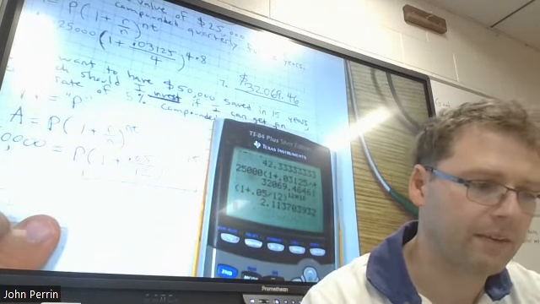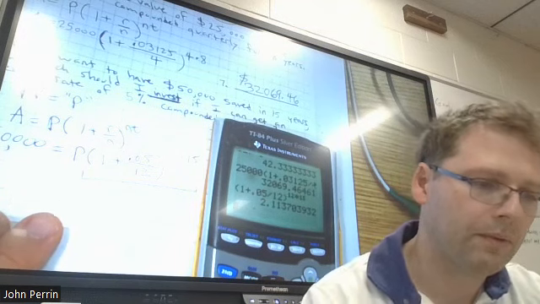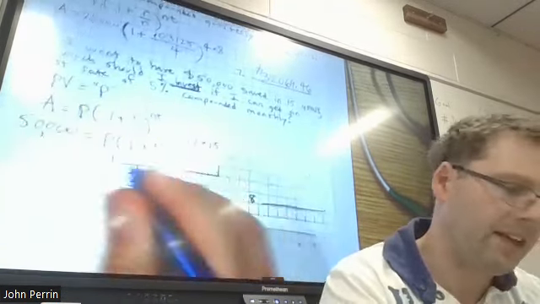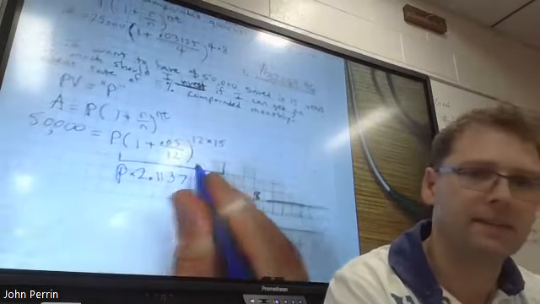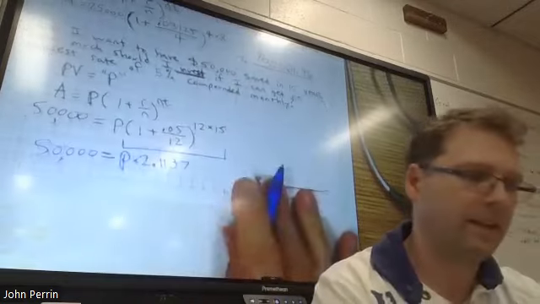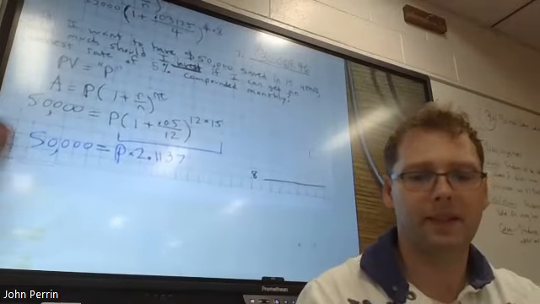I'm going to copy this down. 2.1137. Now that is multiplying the P. Now I'm going to solve for P, the present value.